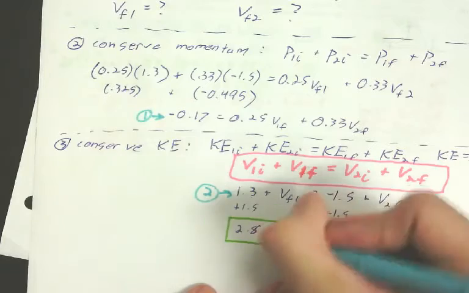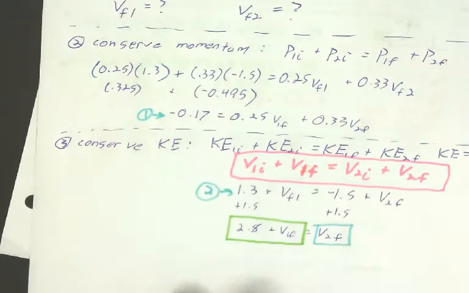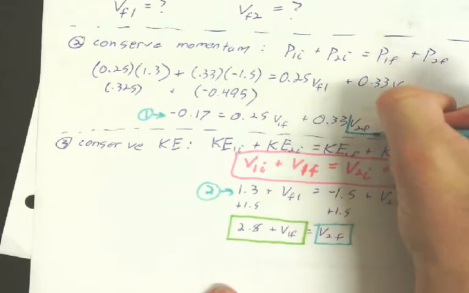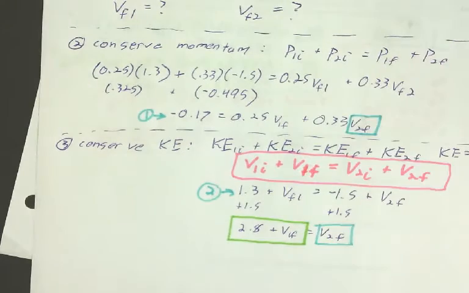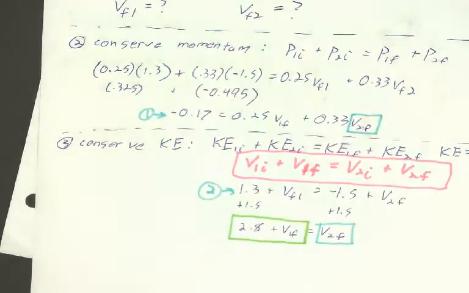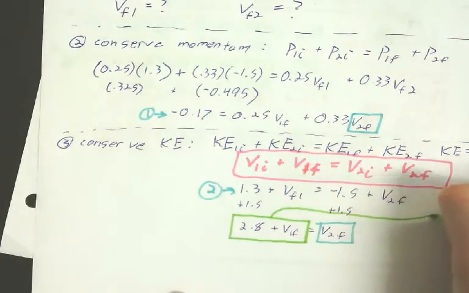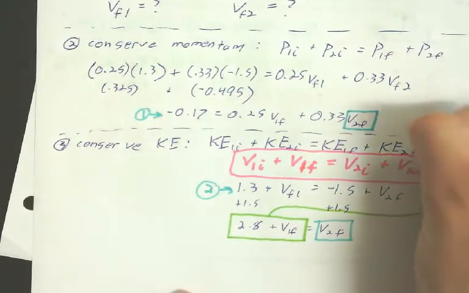I am going to take this value, 2.8 plus V1 final, and put that instead of V2 final up here. So I'm going to go up to equation 1, take what I got from equation 2 and put it in that spot instead.